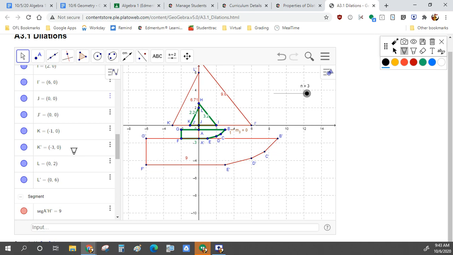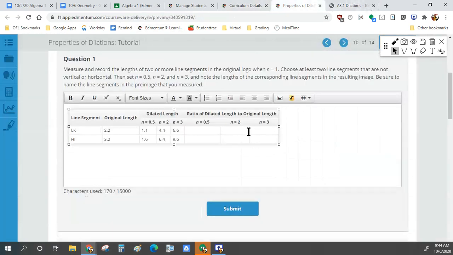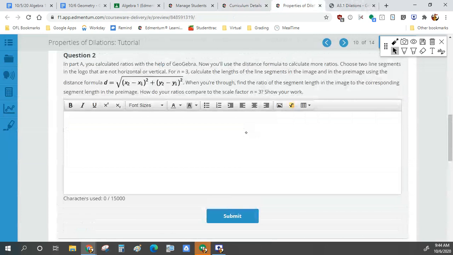Let's see if this works. Nope, I don't know why GeoGebra really hates this. So if I look here, my rise is 6, my run is 3. So when I'm showing my work for this, I'm just going to use the Pythagorean theorem. I'm just going to say d equals the square root of my run was 3 and my rise was 6.